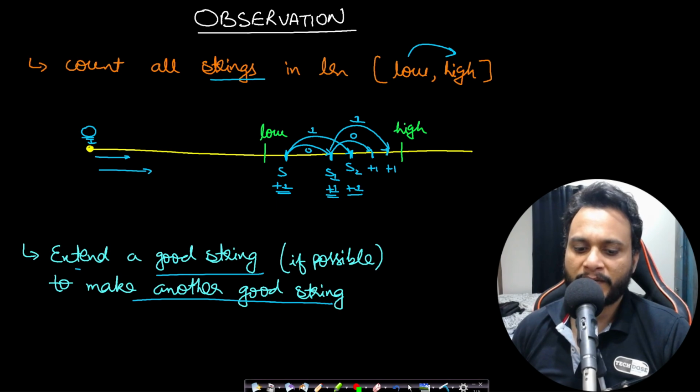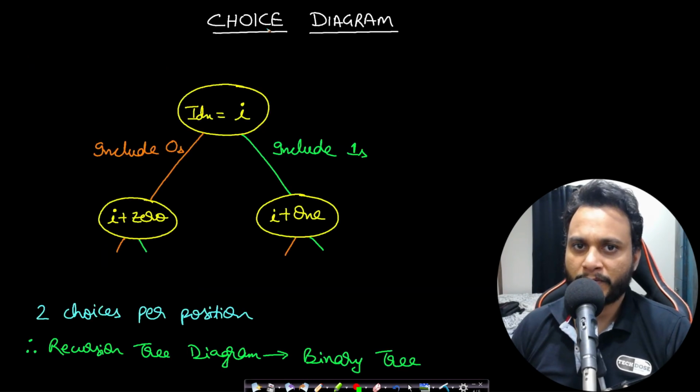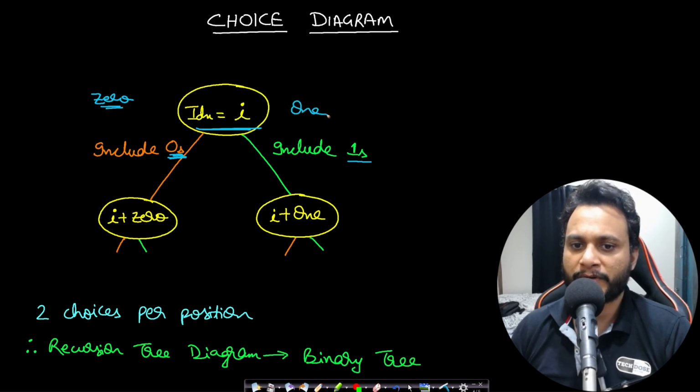Okay, so having seen these observations, whenever we are at a string position, we have to make one of two choices: whether I will include the subarray of 0 or I will include the subarray of 1. If I include the subarray of 0, then 0 has to be added zero number of times and 1 has to be added one number of times.